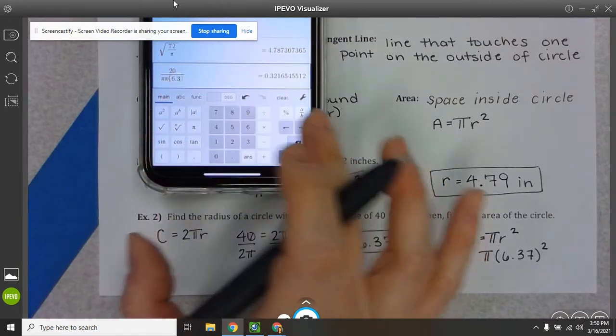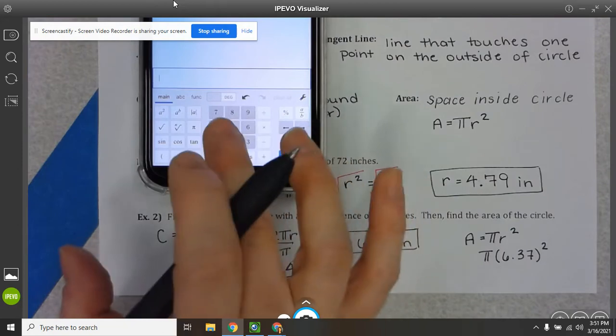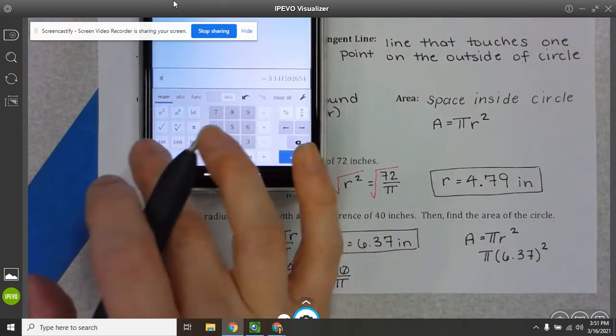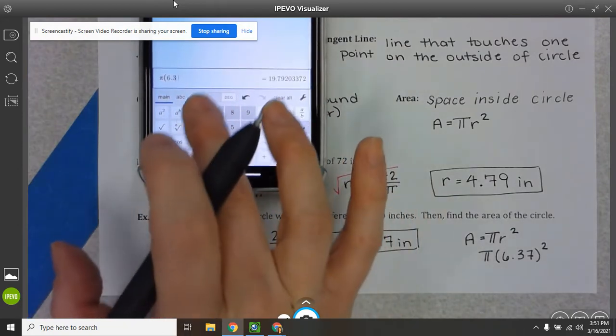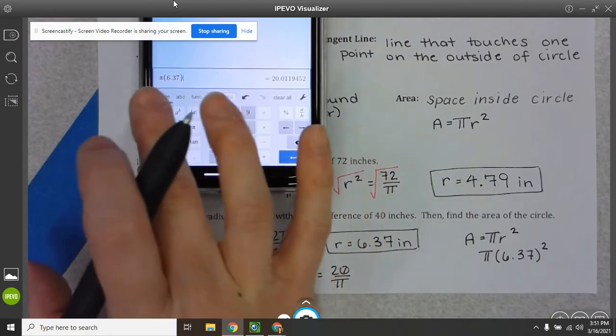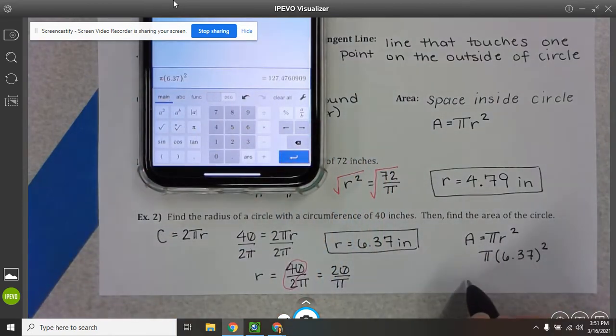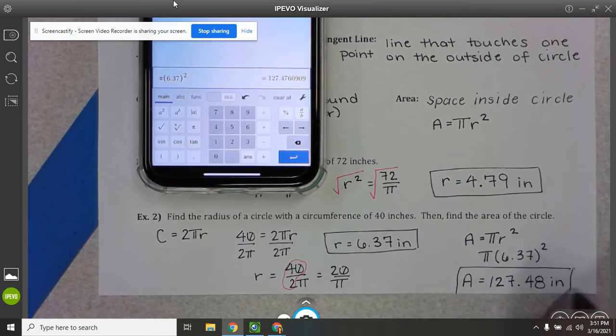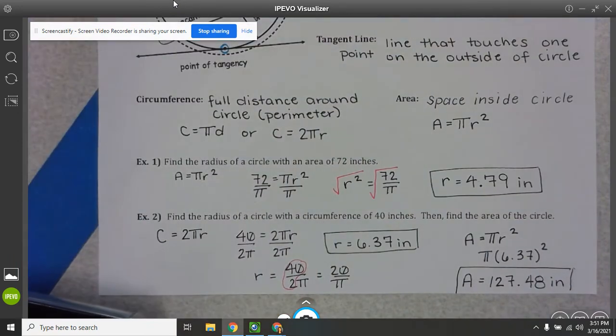Pi times 6.37 squared. So our area is 127.48. I'm going to round up here. So there's that.